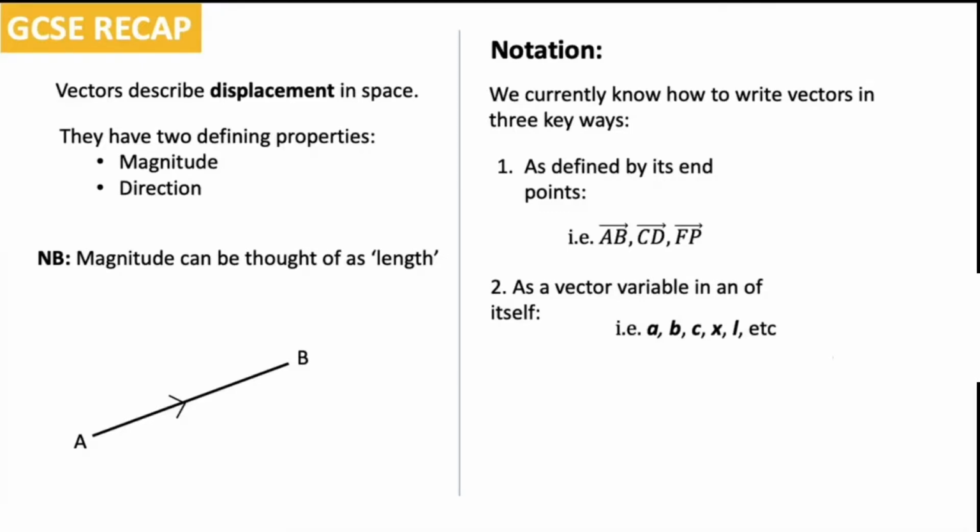And finally, especially with transformations, you were introduced to column vectors. So the instructions written in a column vector. The horizontal instructions at the top and the vertical at the bottom. So 4 to the right and up by 2. So 3 different ways to represent a vector, and we will continue to make use of these through the A-level course, and we'll introduce one more.